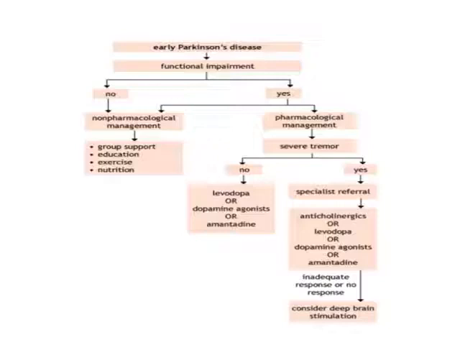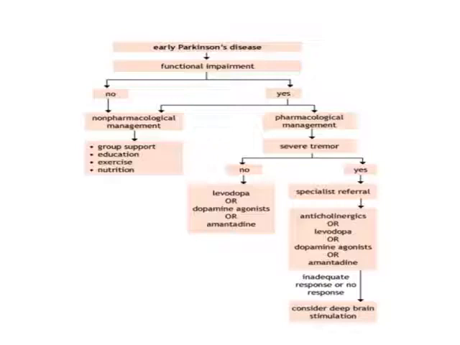Or if tremors are severe, we use anticholinergics or L-dopa or dopamine agonists or amantadine. If they are inadequate or the response is poor, we shift to deep brain stimulation.